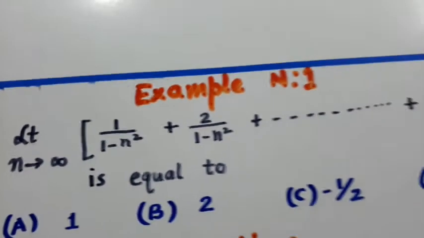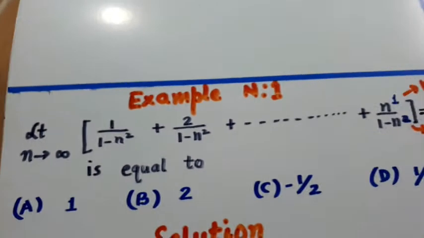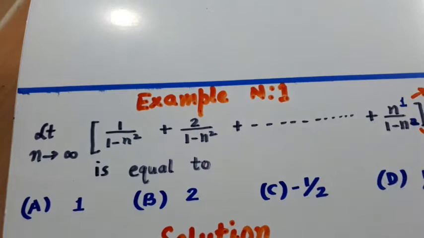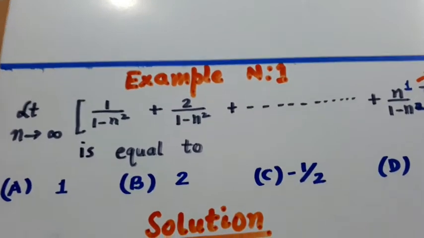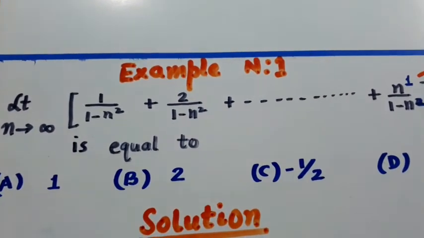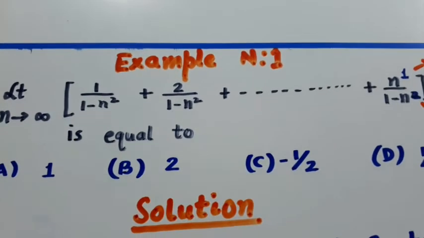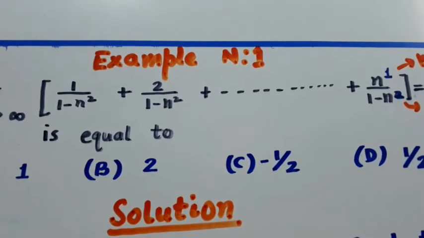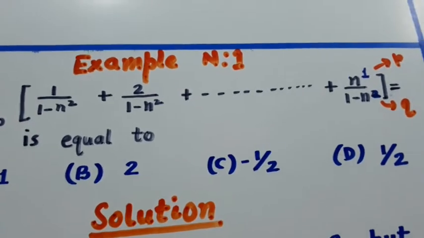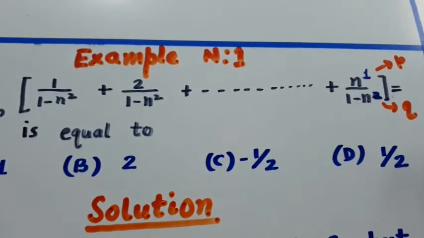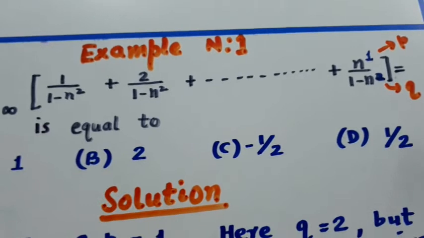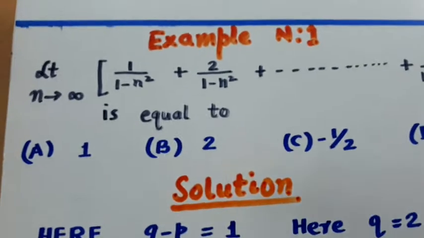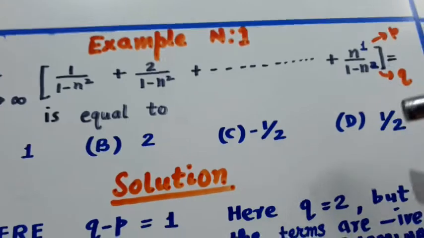Example number 1. Look here, the question is limit n goes to infinity, 1 over 1 minus n square plus 2 over 1 minus n square plus 3 over 1 minus n square and so on up to n over 1 minus n square. And the options are given to you.